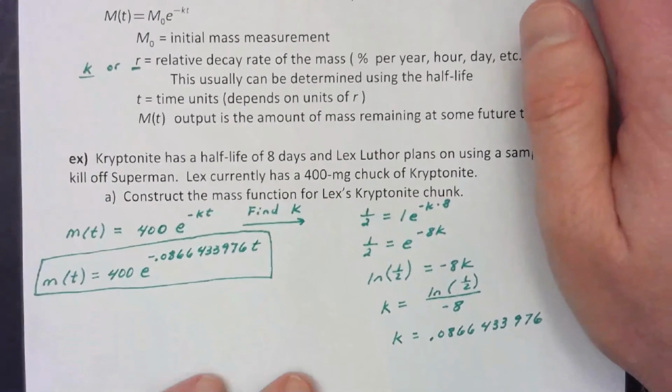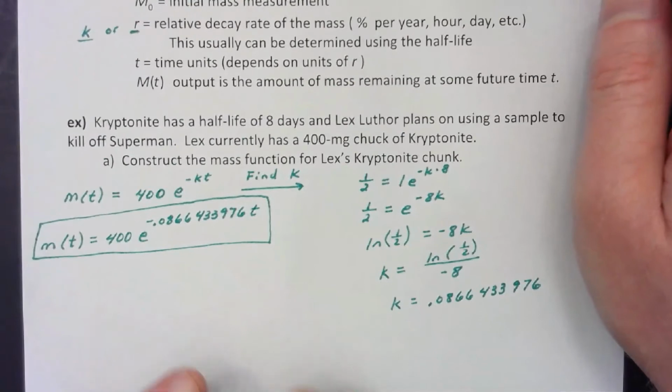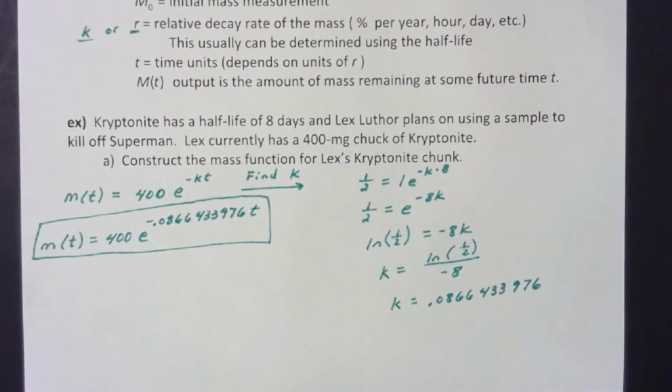Again, I'll continue with the Superman theme here. And let's say kryptonite has a half-life of 8 days. And you know Lex Luthor is planning on using a sample to kill off Superman. Lex currently has a 400 milligram chunk of kryptonite. I'm asking you to construct the mass function for Lex's kryptonite chunk.